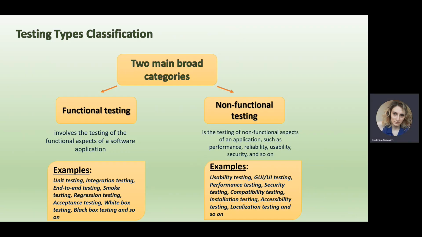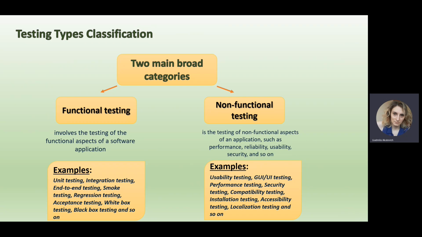To start with, there are two main broad categories: functional testing and non-functional testing. The difference between functional and non-functional testing is what they test. Functional testing ensures that functions and features of the application work properly. So, functionality.